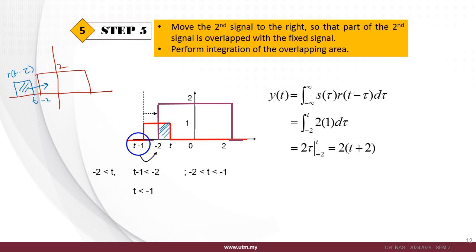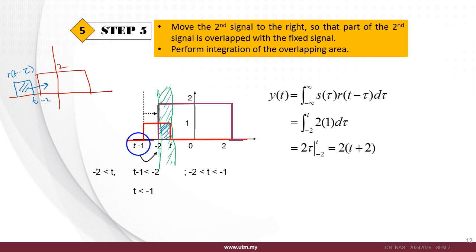Okay, it doesn't matter where you place it, as long as part of the second signal overlaps with the first signal. So now the range where the signals overlap is between -2 and t. So this is the area where the two signals overlap.